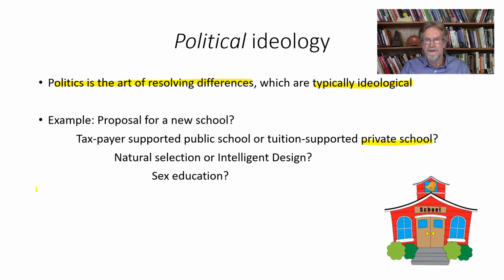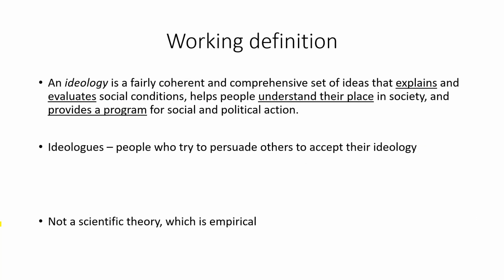Would you teach sex education in that school, for example? Would prayer be allowed in that school? Those are some things that we have to deal with on a regular basis, particularly with politics and decision making, as far as the ideologies that people bring to the table.